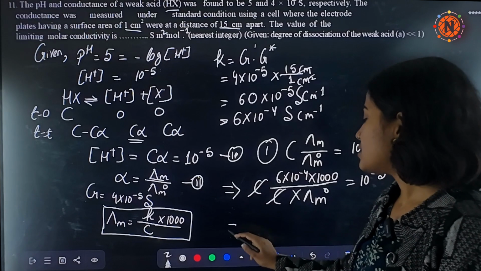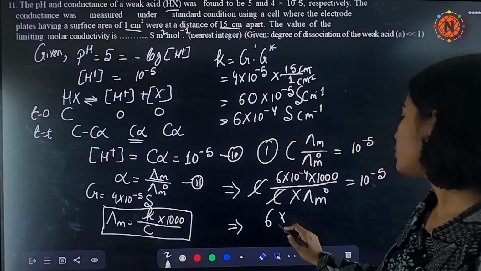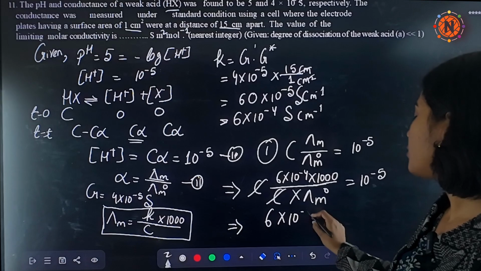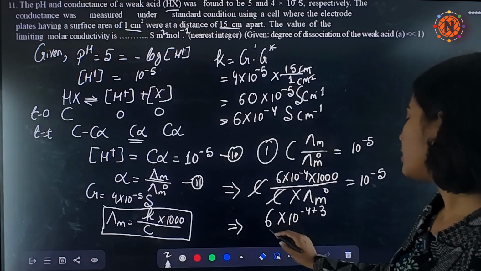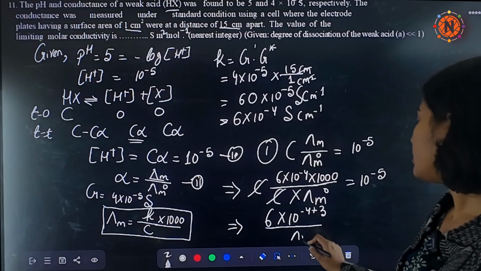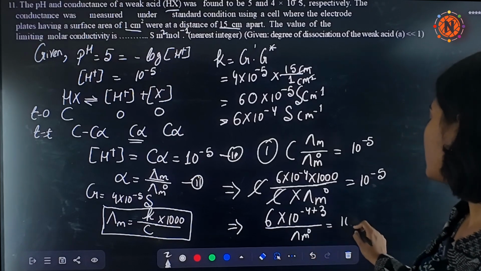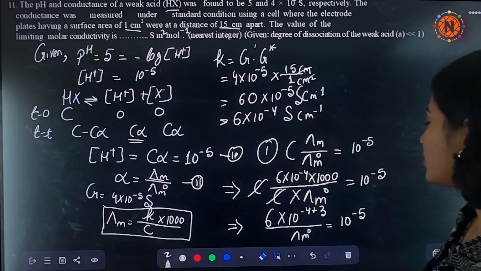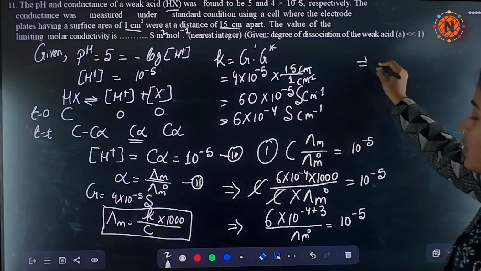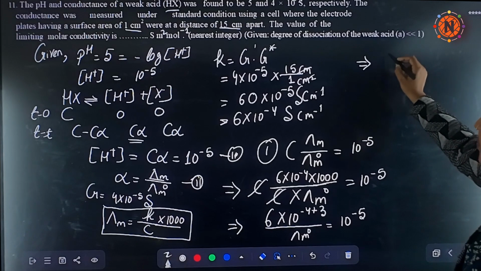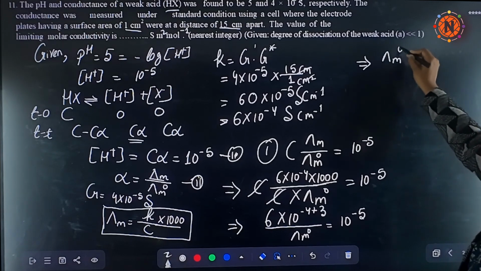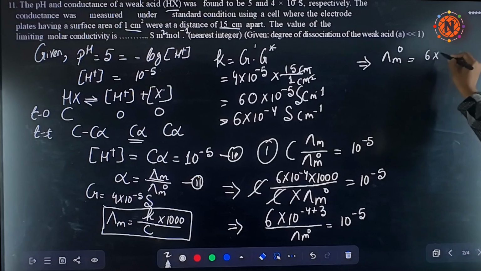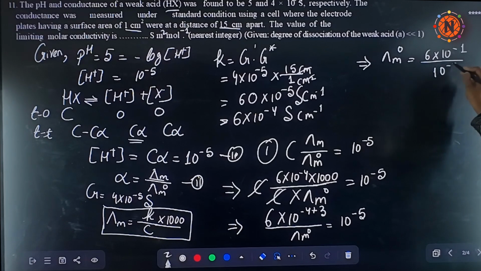What is left with us? It is 6 into 10 to the power minus 4 plus 3 divided by delta m naught equals 10 to the power minus 5. Correct? We can proceed and write it as delta m naught equals 6 into 10 to the power minus 1 divided by 10 to the power minus 5, that will be equals 6 into 10 to the power 4.